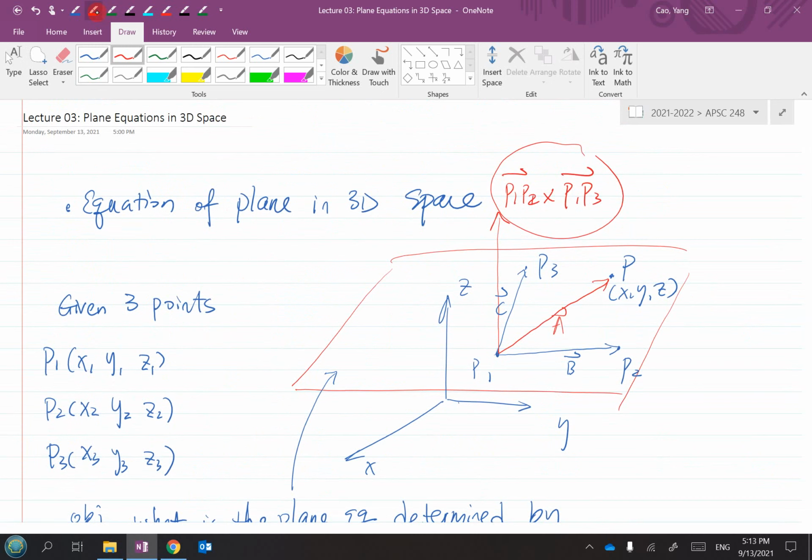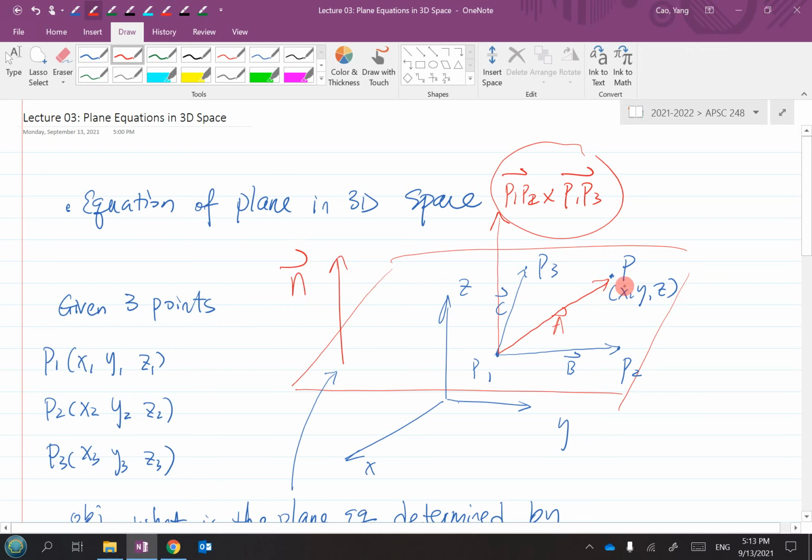In reality, how many vectors are there that P1P is perpendicular to? Just one, or two, or three, or infinite? Infinite, right? So you can always draw a vector that is perpendicular to the plane you're looking for. And the n here will certainly be perpendicular to P1P.